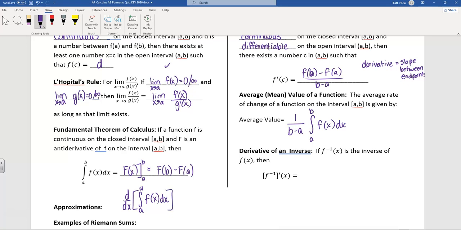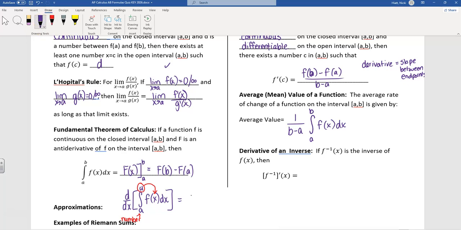Okay, so when I take the derivative of an integral, the main thing that the fundamental theorem of calculus figured out was that derivatives and integrals are inverses of each other. So they pretty much undo each other, but this has to be a number. It doesn't matter what that number is, what the a is right there, but it has to be a number. And then you take the u, and you just plug it in right here.